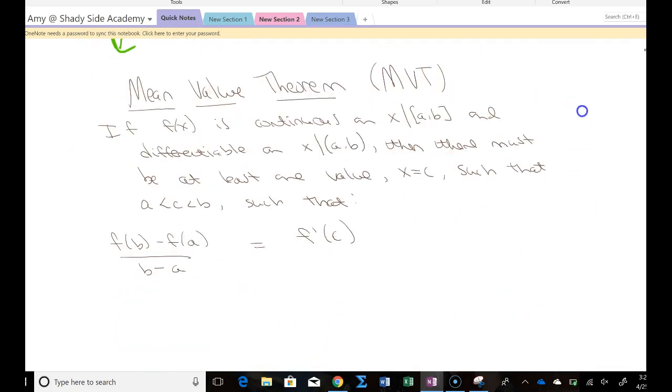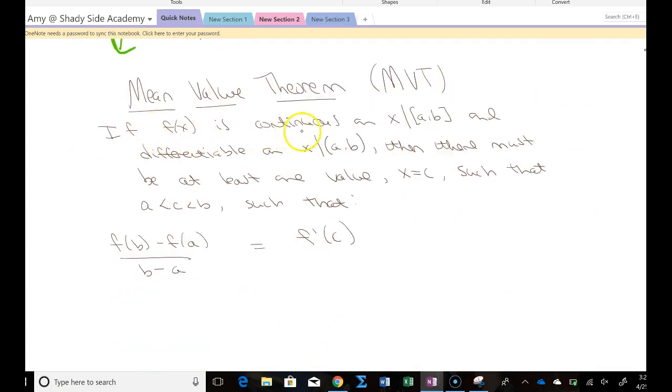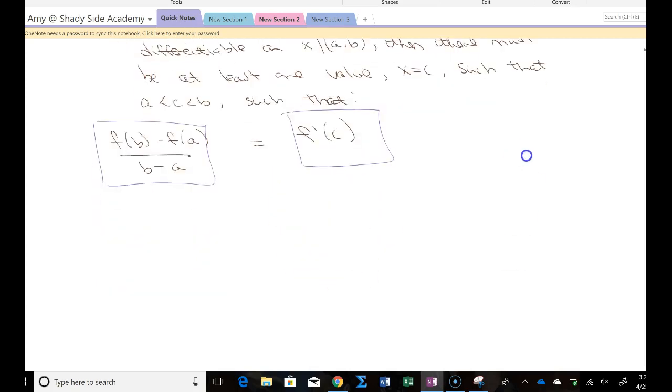The way I get around this is I just say if f of x is continuous and differentiable on the interval x from a to b, then there must be at least one value, and this is just a lot of verbiage, x equals c such that, da-da-da. This is just saying some x value between a and b such that, now look at this. This right here is the slope of the secant line, y1 minus y2 over x1 minus x2. This here is the slope of the tangent line, okay?